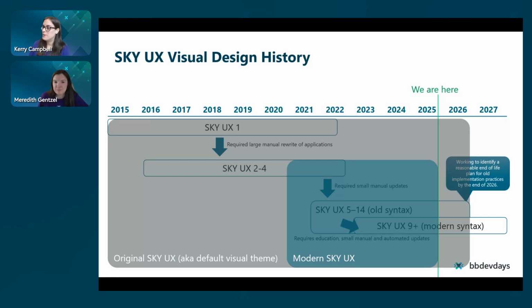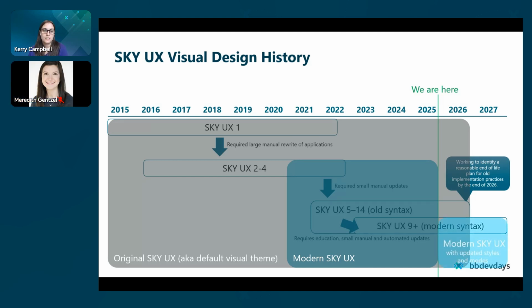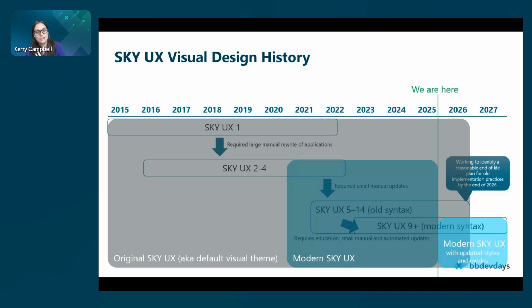Anywho, so we were just around, hopefully it wasn't too long ago that it cut out that I noticed it. So we're looking at adopting new visual styles to meet the needs of all of our users. The modern visual theme, that light, bright, big, spacious visual theme, is going to be adapted. We're going to introduce updated styles as well as user modes for the modern SkyUX visual theme.